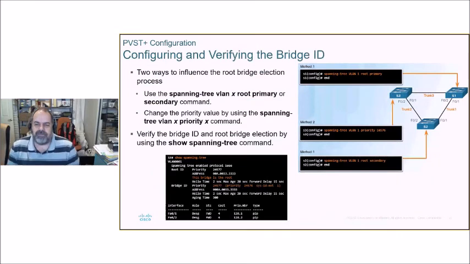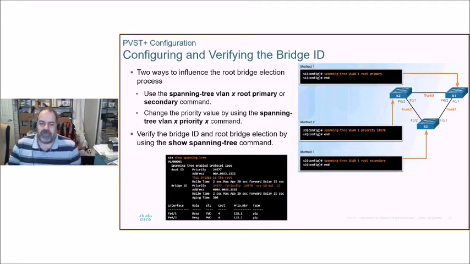So, how do you configure a bridge ID? There's more than one way to do that, but as you can see here, there is spanning-tree vlan 1 root primary, and so basically that will have the lowest bridge ID, and so that will probably end up being the root bridge.